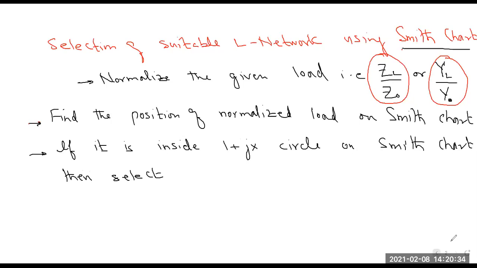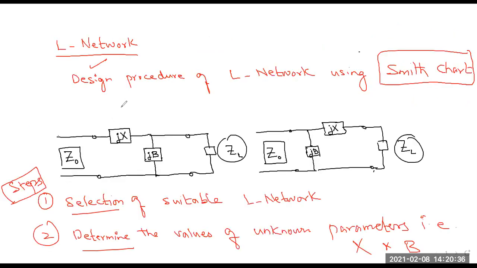So let me give the name so that we can, let me call this particular network as L network number 1, and let me call this as L network number 2.